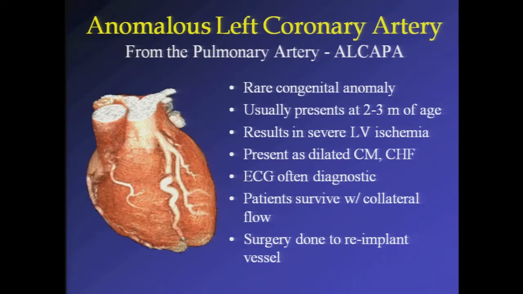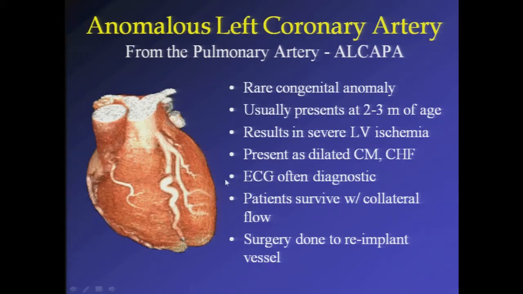This is a very rare anomaly, and the classic presentation is an infant at about 2 or 3 months of age that will present with a severe dilated cardiomyopathy and symptoms of congestive heart failure. This is just a CT angiogram showing that the left coronary artery is arising off of the pulmonary trunk.